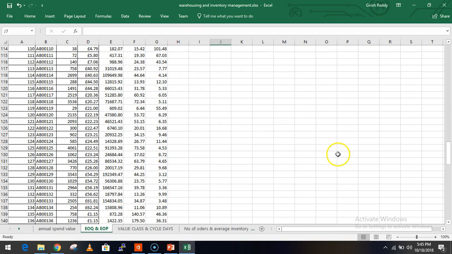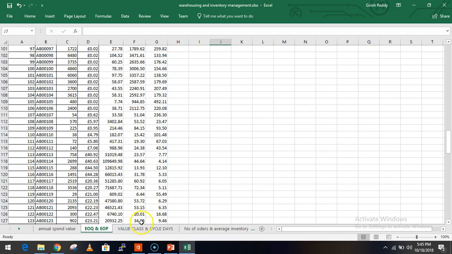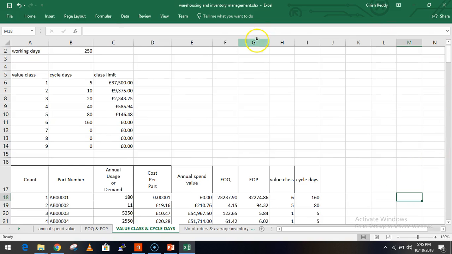This is the Excel sheet as I showed you before. Here are the value cycle and class days. The value cycle I kept for 9 classes. I have divided the 9 groups, and class days were 5 days, 10 days, 20, 40, 80 and 160.